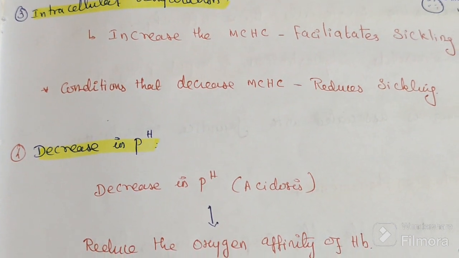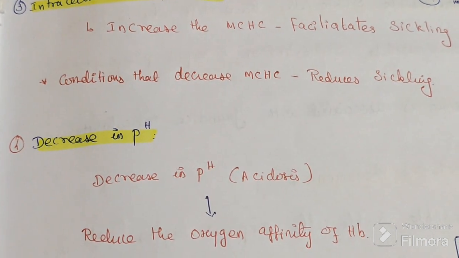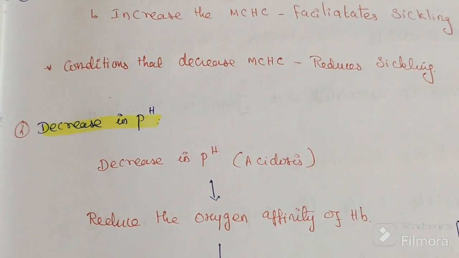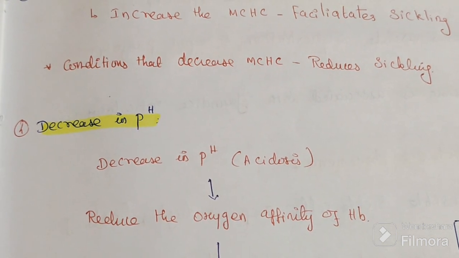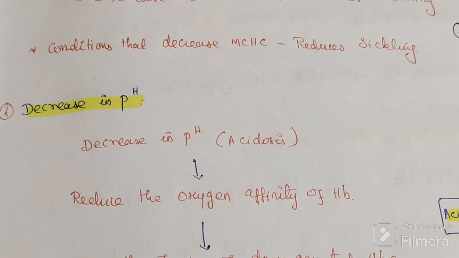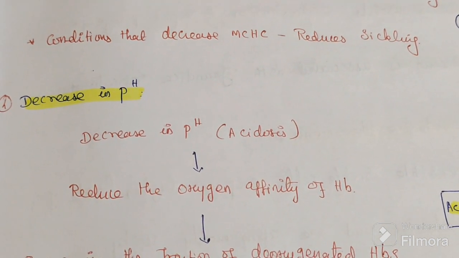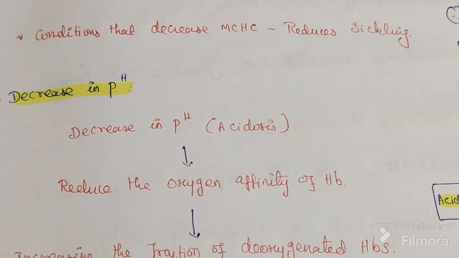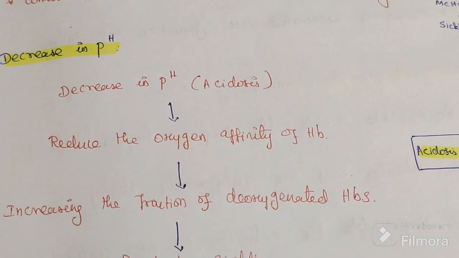Next point is the effect of pH. If the pH of the blood is less, that is acidic pH or acidosis in the blood, acidosis causes reduced affinity of hemoglobin for oxygen.